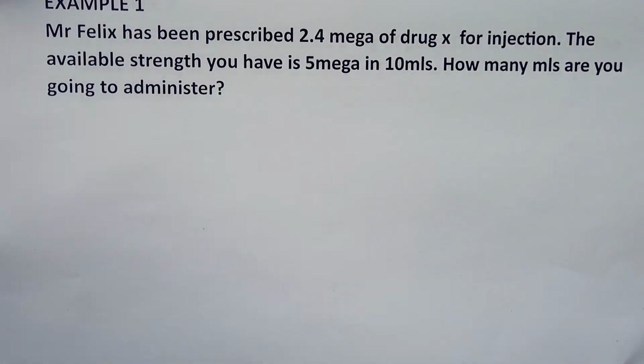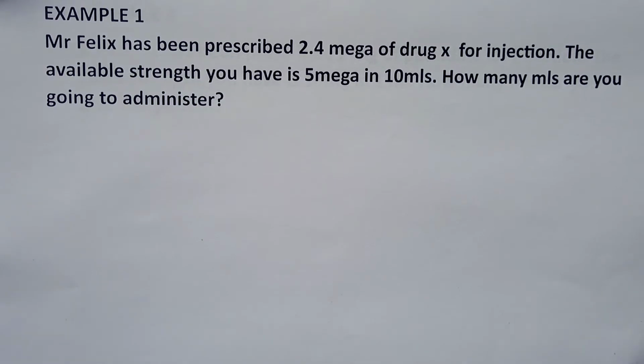Let's look at this example. Number 1. Mr. Felix has been prescribed 2.4 mega of drug X for injection. The available strength which you have is 5 mega in 10 mils. How many mils are you going to administer to Mr. Felix? Let's go with the formula as usual.